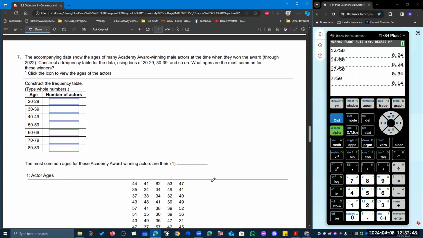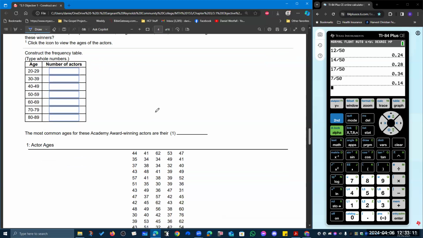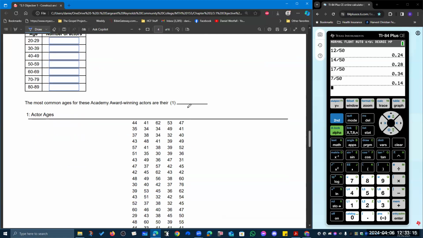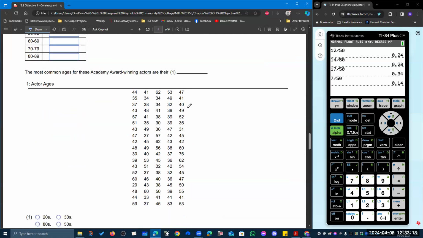All right. The accompanying data showed the ages of many Academy Award winning male actors at the time when they won the award, through 2022. Construct a frequency table of the data using bins 20 through 29, 30 through 39, and so on. What ages are most common for the winners? Data is down here, so I need to look for things in the 20s first and mark them off the list and count them.